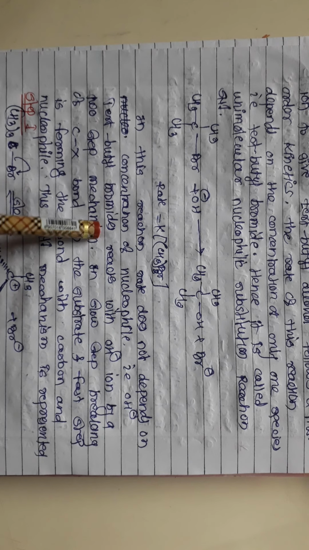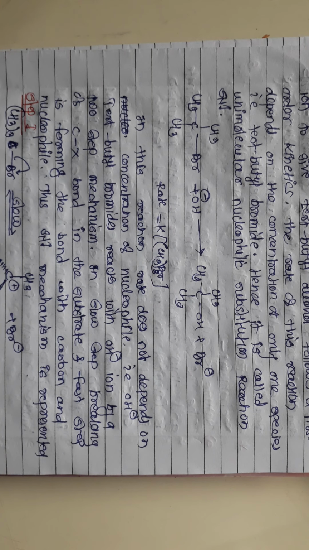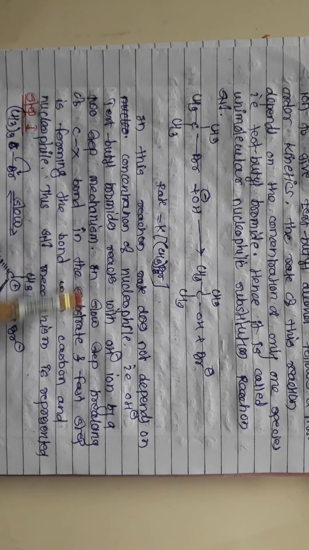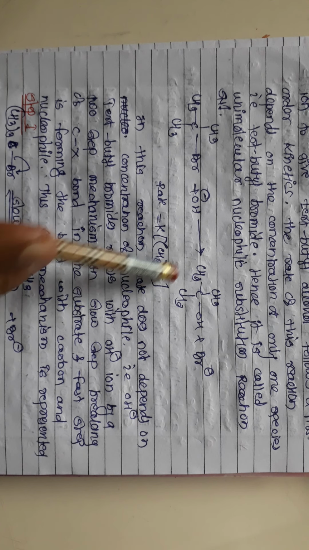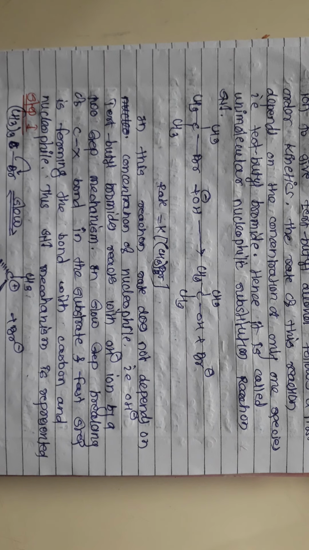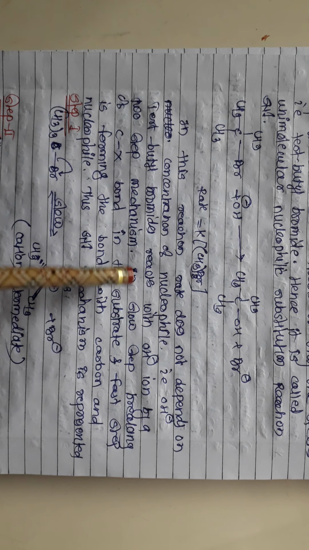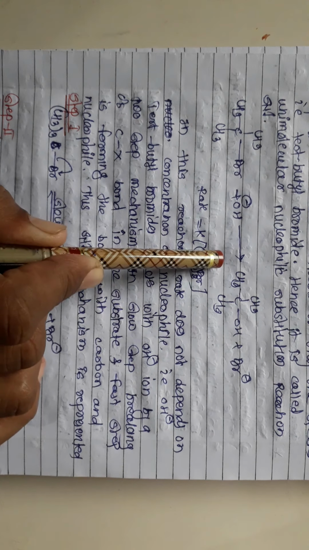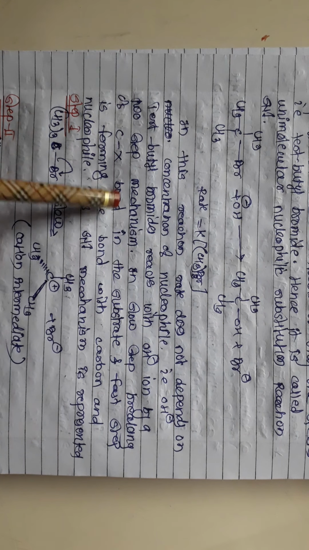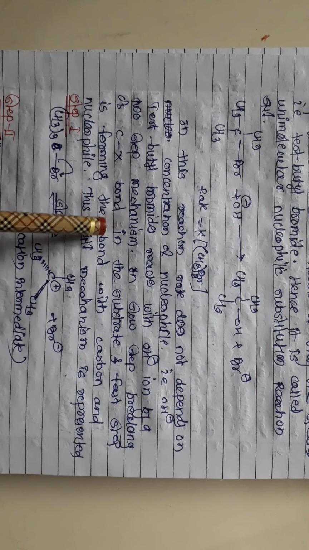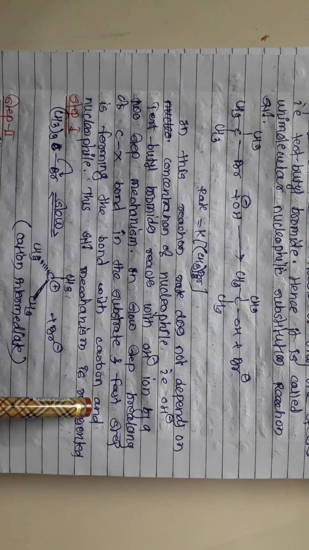The tertiary butyl bromide reacts with OH minus ion by a two-step mechanism. There are two steps in this reaction. The slow step is the breaking of the C-X bond in the substrate, and the next step is the formation of a bond between carbon and the nucleophile.